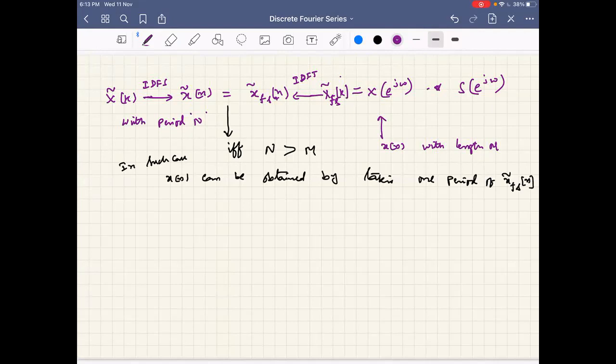This holds provided the period of this is greater than the length of the sequence, because this also has a period of n samples.